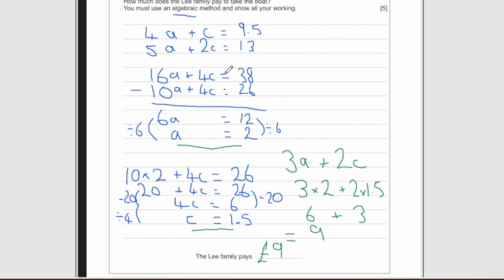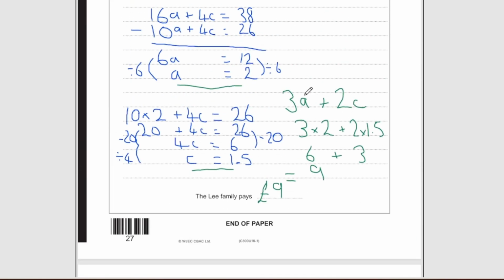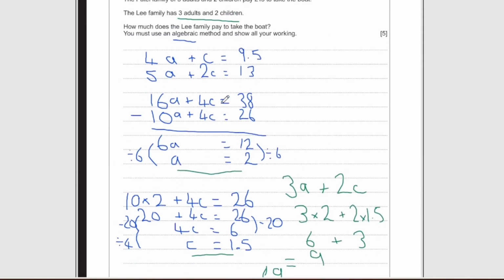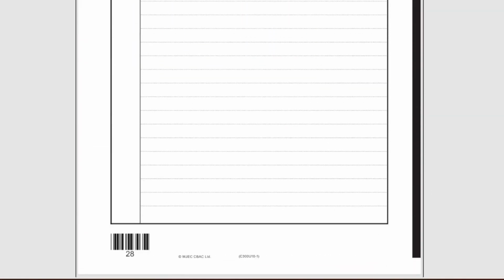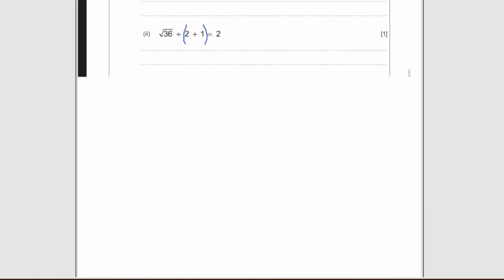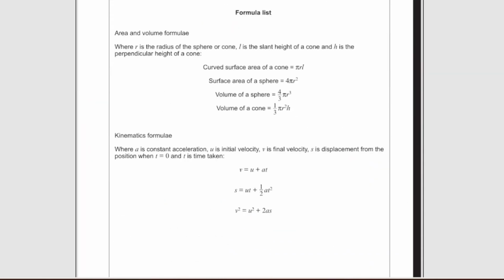Well, I hope that has been beneficial to you all. You do have on this paper some additional space if you need it. I probably would have used it for this question, and maybe a couple of others. At the front page, you have got this formula list if you need it. We didn't today, but you might in your real exam in summer.